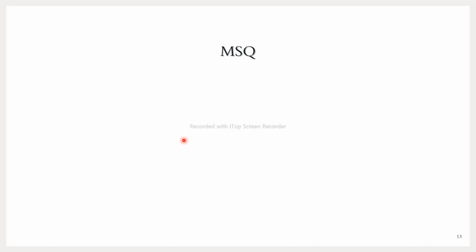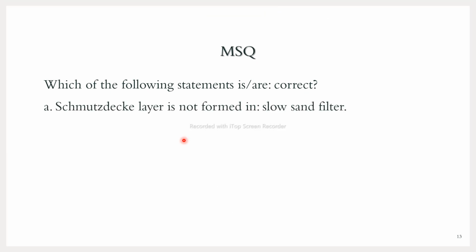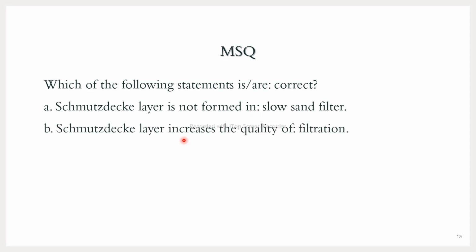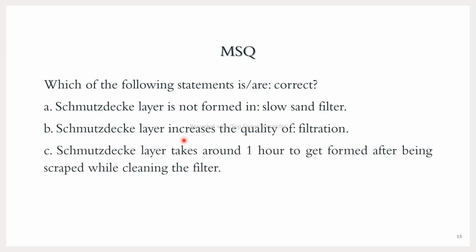So MSQ, multiple select question. Which one of the following statements is or are correct? This is based on smooth deck. Option A, smooth deck layer is not formed in slow sand filter. Option B, smooth deck layer increases the quality of filtration. Option C, smooth deck layer takes around 1 hour to get formed after being scraped while cleaning the filter.